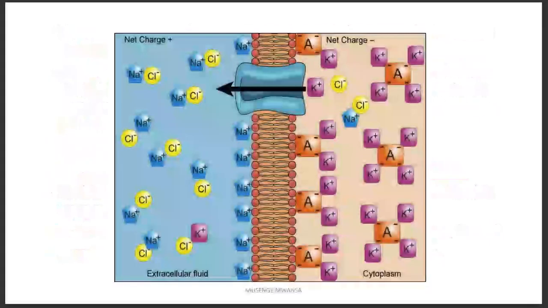If we look at this diagram, the reference point here is the cell membrane. You talk about the concentration this side, you talk about the net concentration this side. If there is any difference, that difference is going to produce a net driving force to push particles in one direction. That is what we call tonicity.